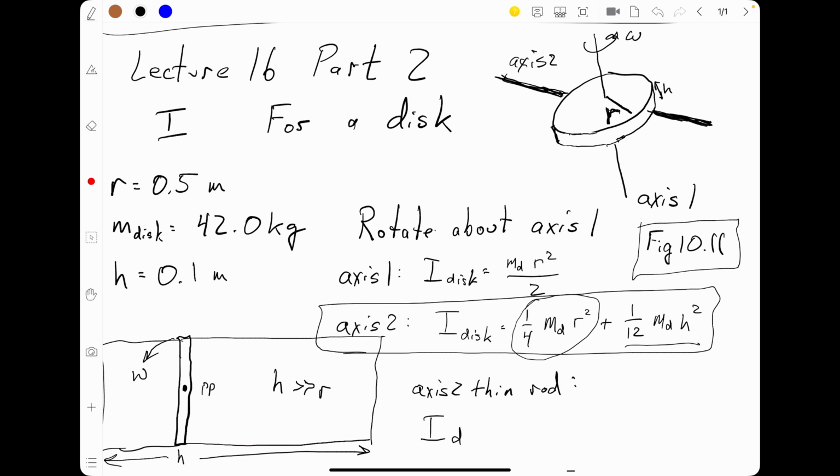And we end up with I disc equal to 1/12 the mass of the disc times H squared, where H is really the length of our rod.